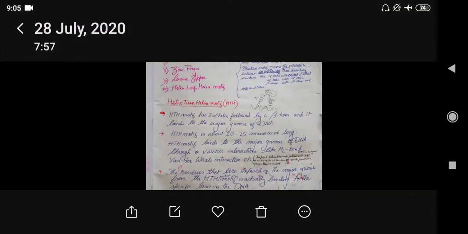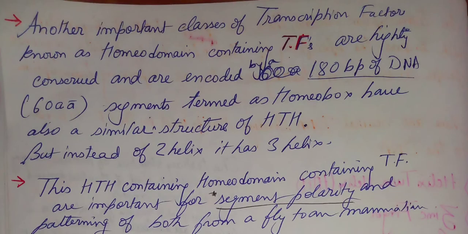But in this example, the homeodomain containing transcription factor is highly conserved and encoded by 180 base pair of DNA, that is, it is made up of 60 amino acids known as homeobox, and this homeobox has a similar structure of helix turn helix motif, but instead of 2 helix it has 3 helix. The homeodomain containing transcription factor has 3 helix instead of 2 helix, right?